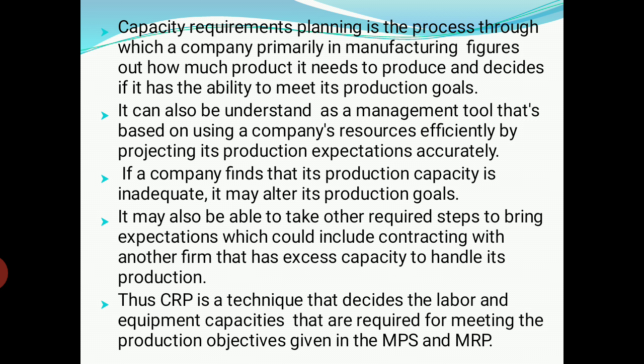We have to meet this manufacturing schedule with the company's ability, right? Ability to produce something. When we want to match this, then we need to take up CRP, and CRP is such a process through which the company figures out whether, with the expected production and the existing capacity that we have, we will be able to meet the production goals or not. It can also be understood as a management tool that is based on using the company's resources efficiently by projecting its production expectations accurately.